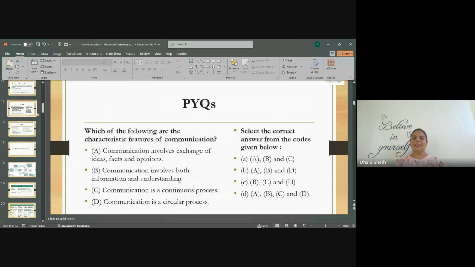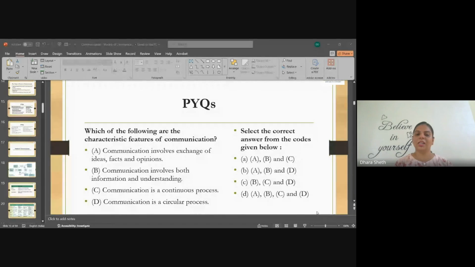Which of the following are the characteristic features of communication? Communication involves exchange of ideas, facts, and opinions. Communication involves both information and understanding. Communication is a continuous process.